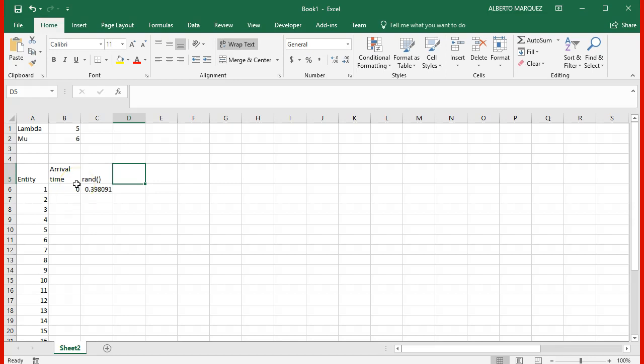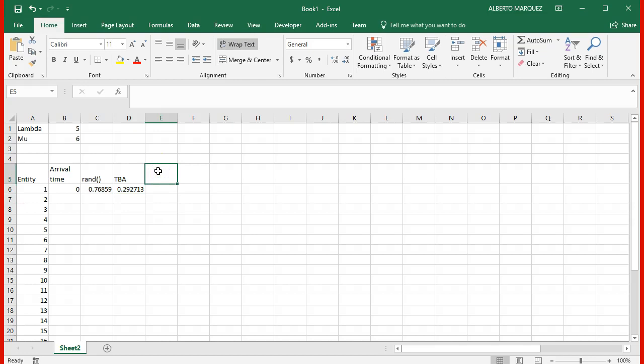So the next arrival time, or in other words, the time between arrivals, uses the inverse formula: negative natural logarithm of 1 minus the random number, divided by lambda. We always use that lambda, so we make the reference absolute.